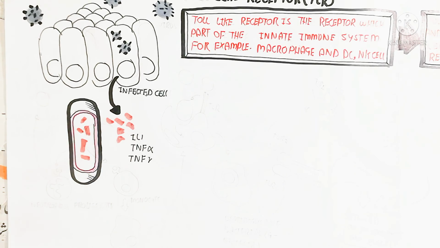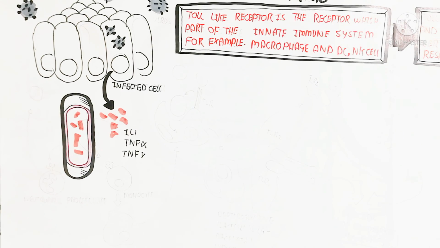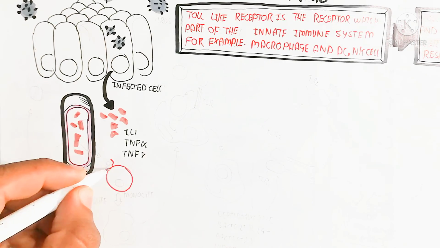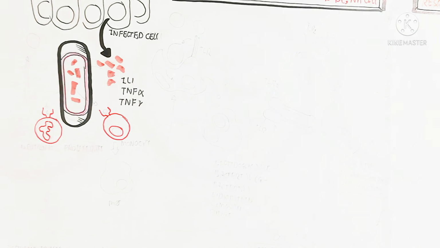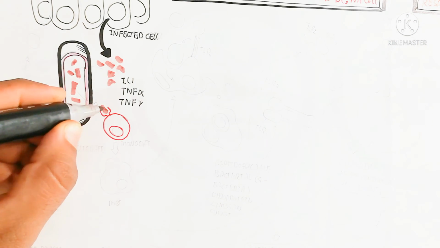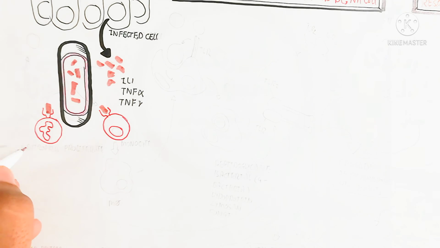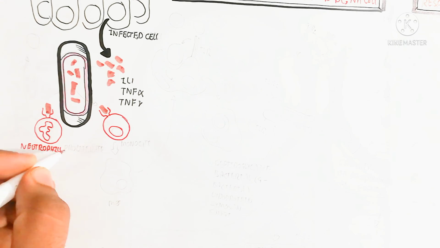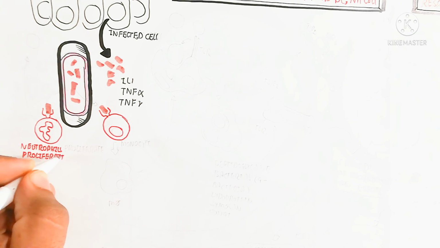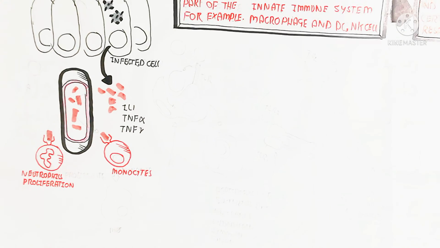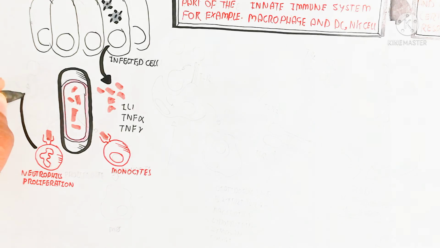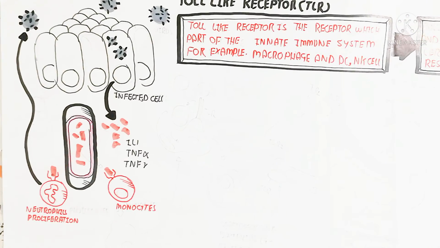On the other hand, they will move into the blood circulatory system. These are the primary inflammatory cytokines. They move into the blood circulatory system and target different innate immune cells, for example neutrophils, which proliferate, and monocytes, which also proliferate to form macrophages.